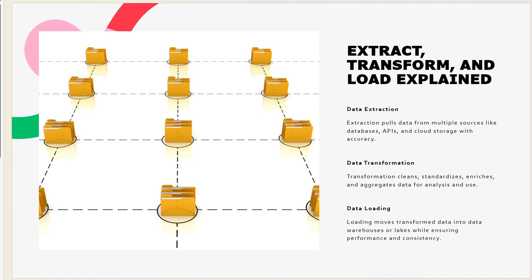So data will be extracted, data will be transformed, and data will be loaded to the destination. We do the extraction of data from the source system. There are different tables and different columns, and the data from those tables and columns we collect and apply some logic on, transforming that data with the business logic which we need.